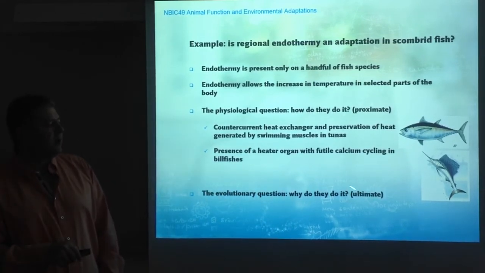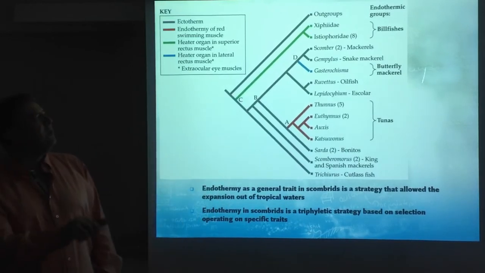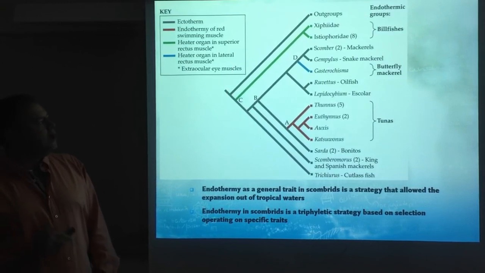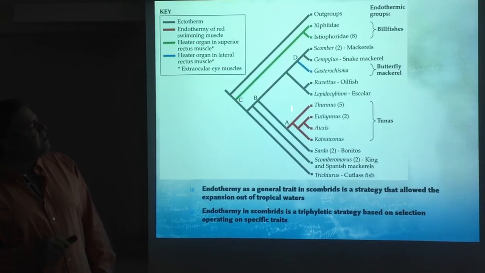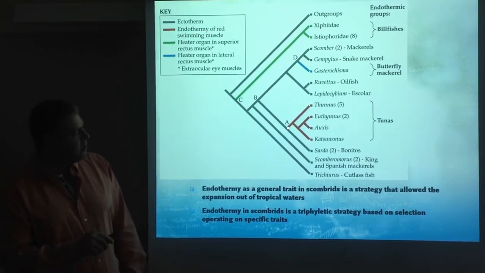The ultimate reason. And this is something that you can answer by now putting these animals, the scombrid fishes, in a phylogenetic tree. And notice what's interesting in this case is that you have the appearance of endothermy in 3 lines in this tree. The red line is the endothermy of red swimming muscle in tunas. You have its appearance here.